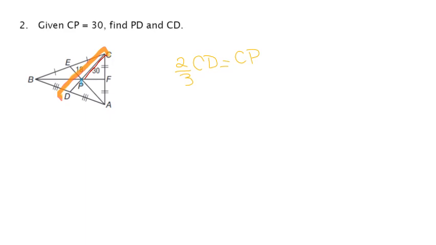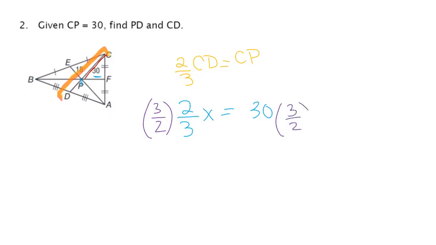So when we substitute this in, I know CP is 30, and let's say I call CD X. If I want to solve for X, you can do a whole bunch of different things, but really we're just multiplying by the reciprocal. When I solve this out, CD, which was the entire median, so it should be the longest length.